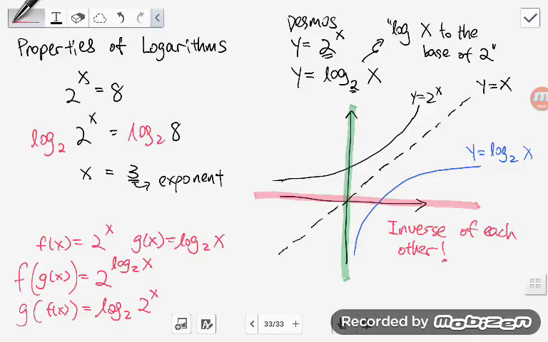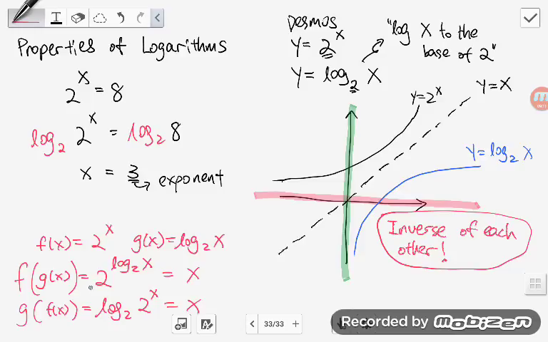So here, what I've done is put g into f, and I've also put f into g. Because they are inverses, my answer for both is always going to be x. Another way of saying that is, because they are inverses of each other, when you put them into each other, it does not matter which is in which.